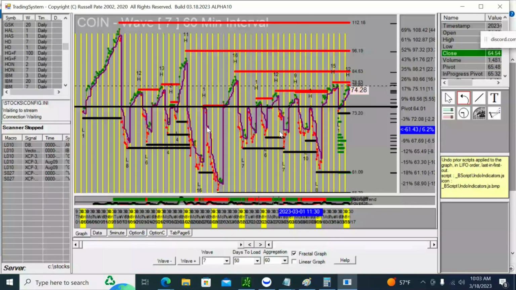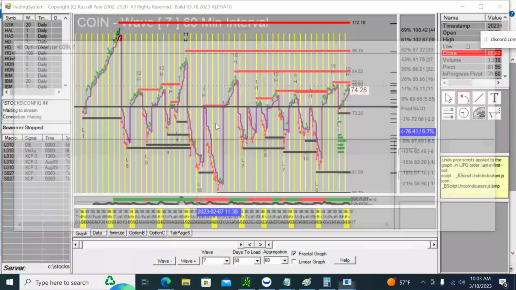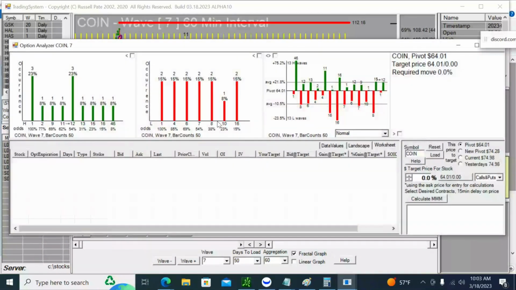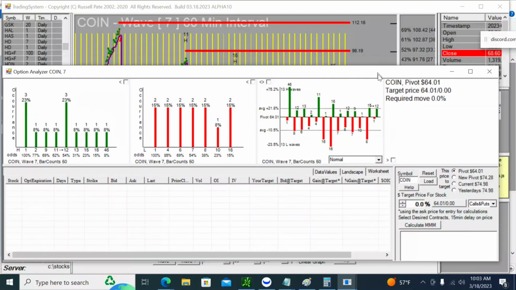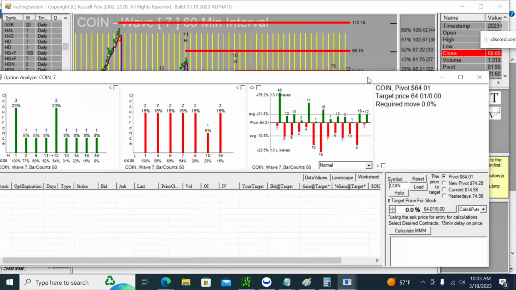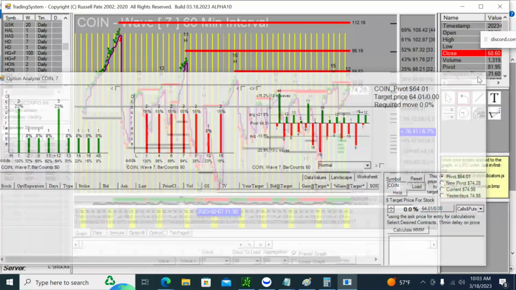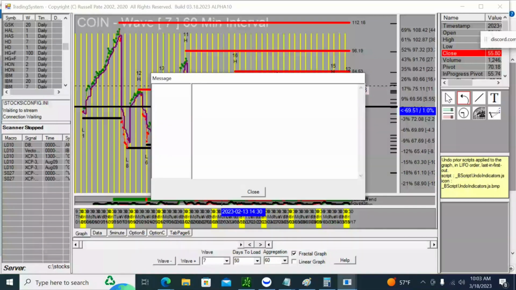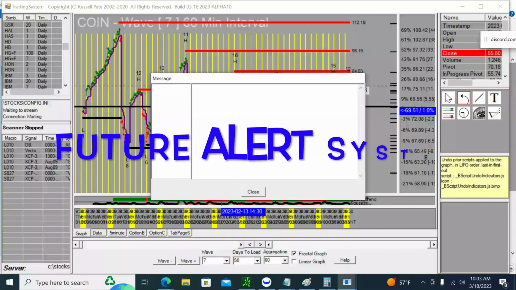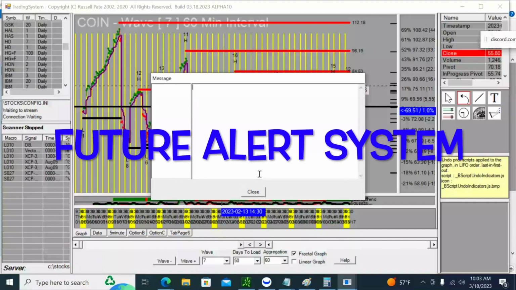So let's see. I think the messages thing. Eventually I need to add more servers for this, so there'll be real-time alerts on trades that are setting up.